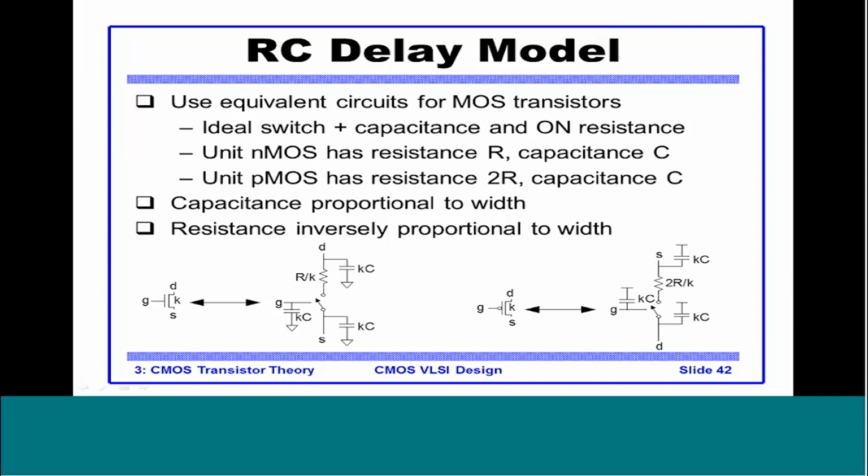We saw that C is proportional to width, so if the width factor is K, the drain capacitance is KC. Again, the source capacitance is KC. The gate capacitance is KC. Plus, there is an on resistance R by K, since R is inversely proportional to width. Similarly, for PMOS, the capacitances remain the same, but the resistance becomes double that of NMOS. Now let's analyze the design and see how the delay can be estimated.